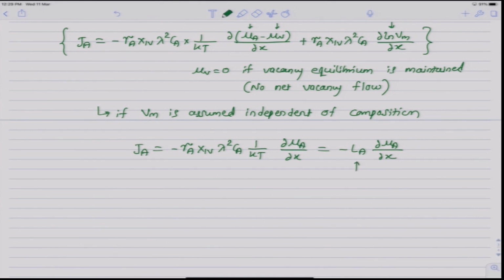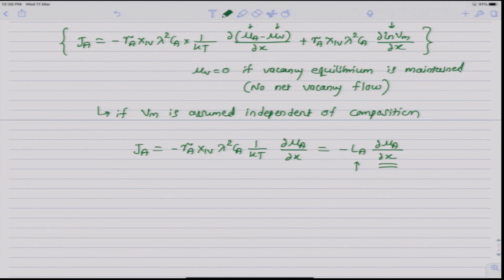This is similar to the phenomenological type of equation that we used for flux as a function of concentration gradient, which were related through the interdiffusivity term. So more fundamentally, the diffusion is driven by the chemical potential gradient.